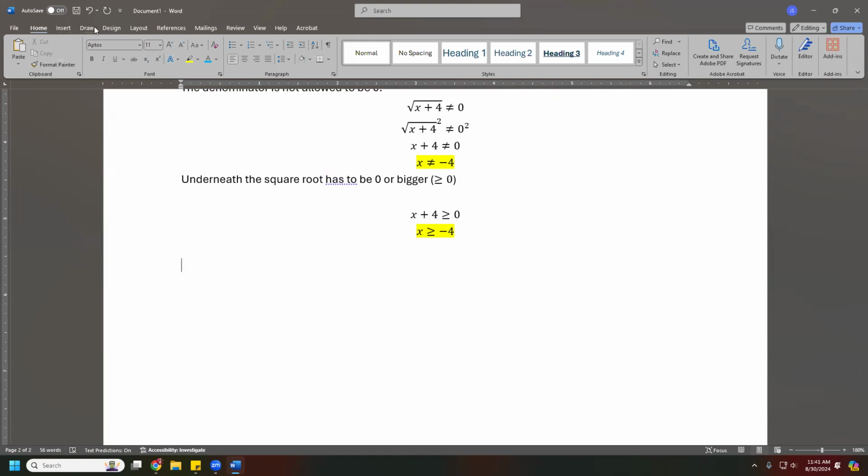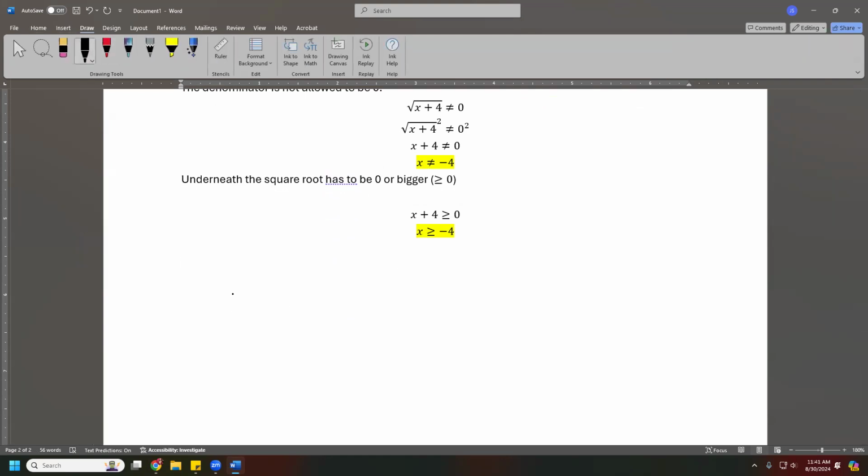So the only way that both of them are true is if I look at the overlap. So here's my number line, just going to quickly sketch this out. So here's my -4, and I'm just going to write some other numbers on here just to prove that we're going the right direction. So this one result right here says I need to fill in my dot at any numbers greater than or equal to -4.